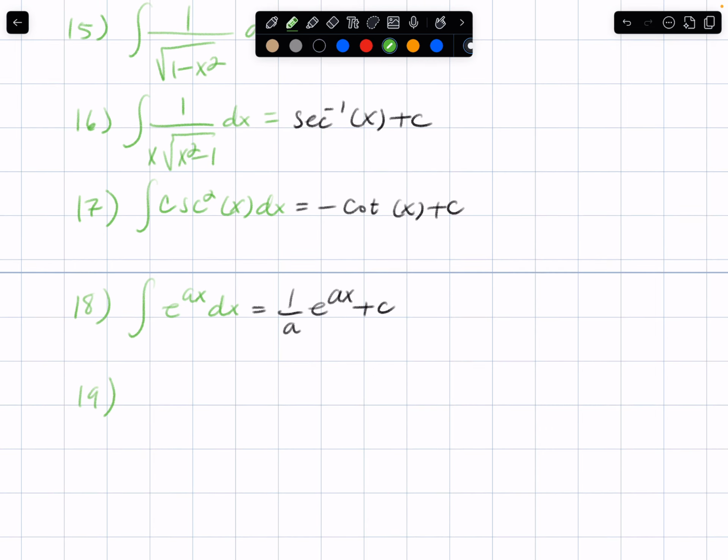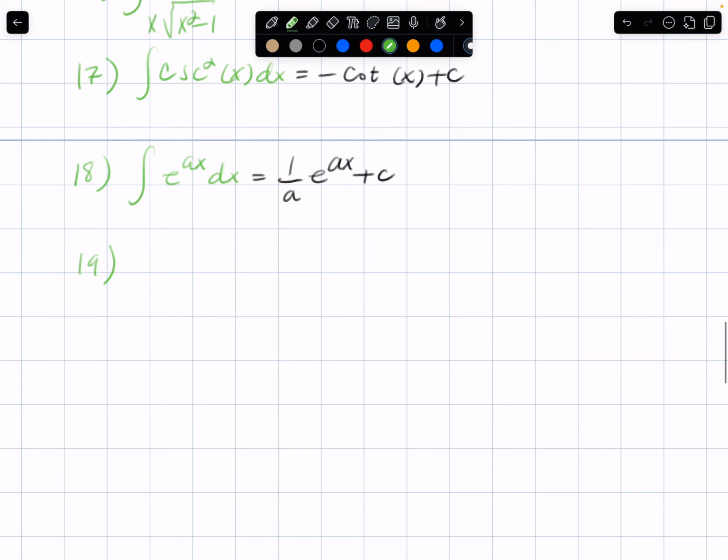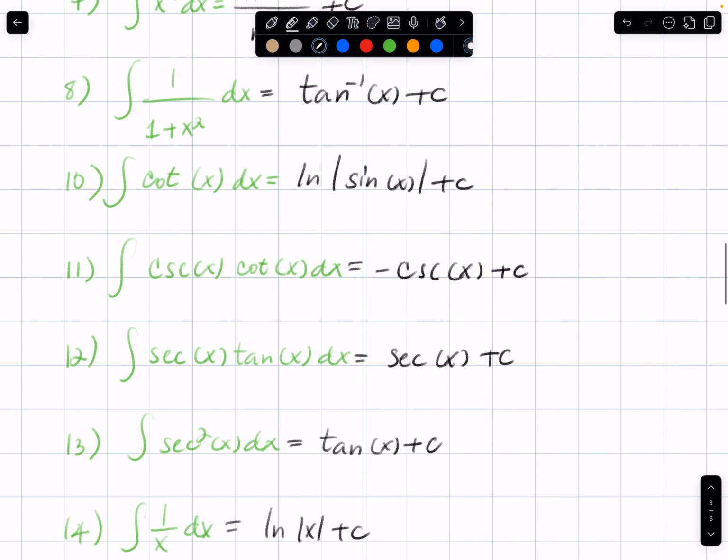Okay, and then the last one is the integral of a to the x dx, which should turn into a to the x over natural log of a plus c. And these are the ones I can remember so far.